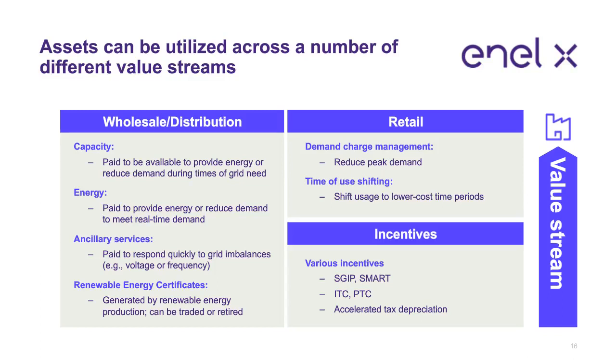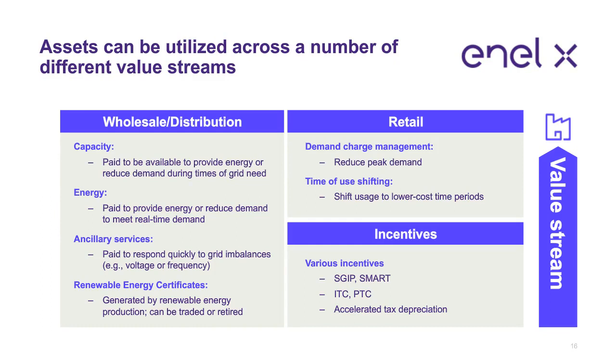And then finally, incentives. We talked about this a little bit earlier, but there are a number of state incentives that can be taken advantage of, and then federal incentives, which largely come in the form of tax breaks. And so, this can happen across both front of the meter assets and behind the meter assets.